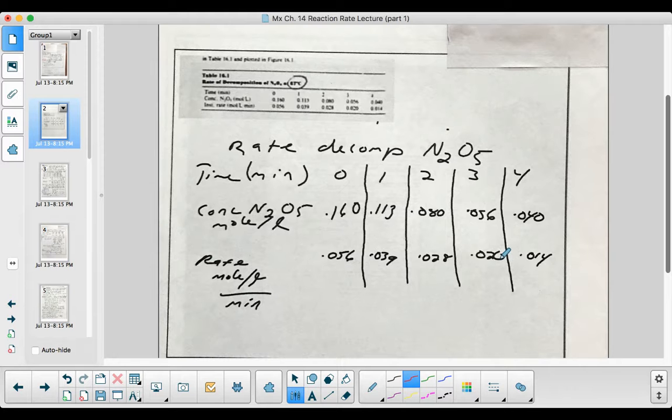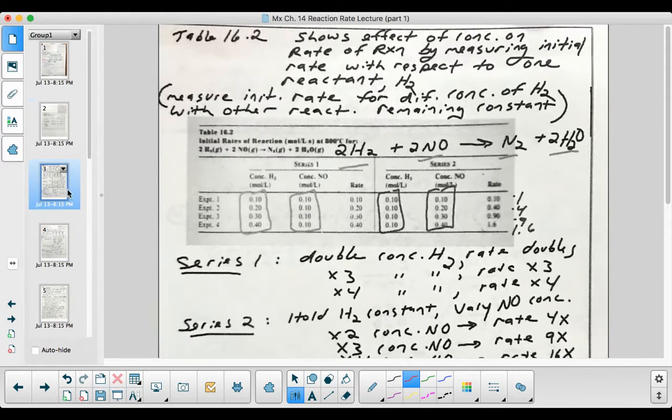So what we know then is that the concentration, in this scenario at least, has its greatest impact on the rate of the reaction, because as the amount decreases, the rate slows down. And that's what you'll see with your rate values.